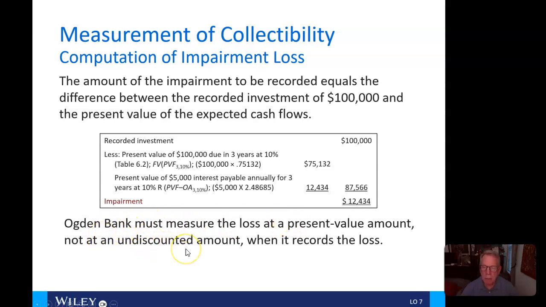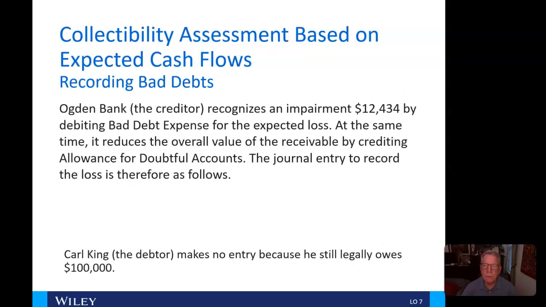So Ogden Bank must measure the loss at the present value amount, not an undiscounted amount, when it records the loss. Now Ogden Bank, the creditor, recognizes an impairment of 12,434 by debiting bad debt expense for the expected loss, and at the same time it reduces the overall value of the receivable by crediting the allowance for doubtful accounts.